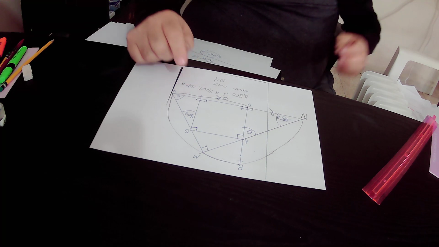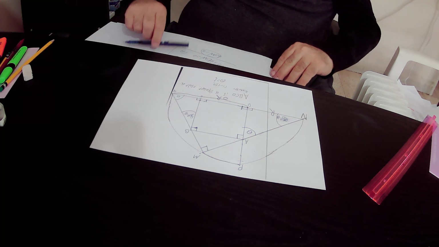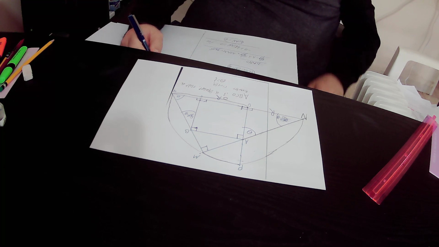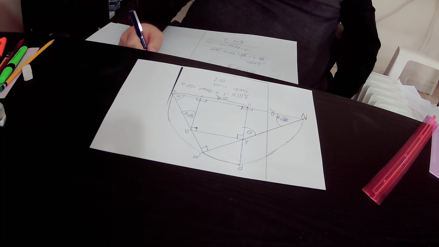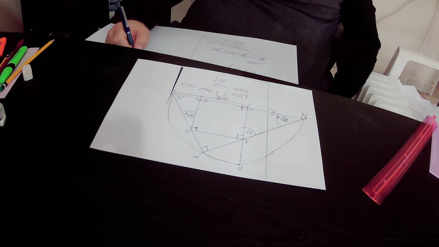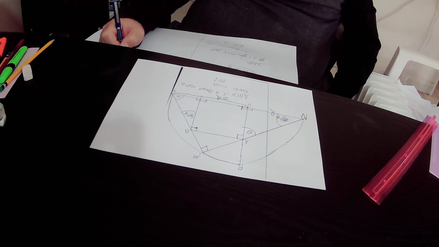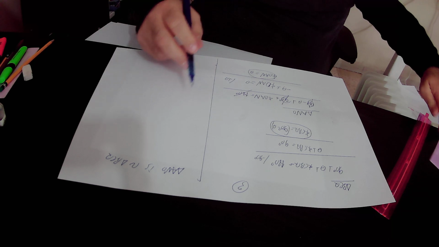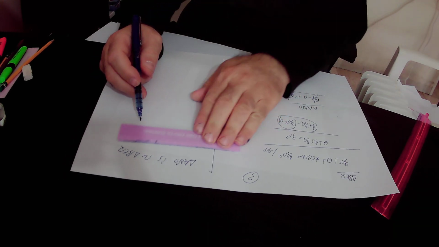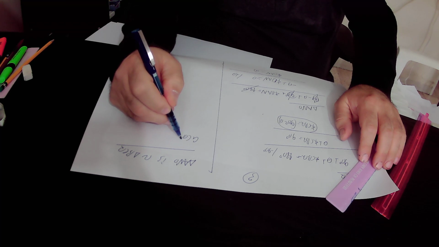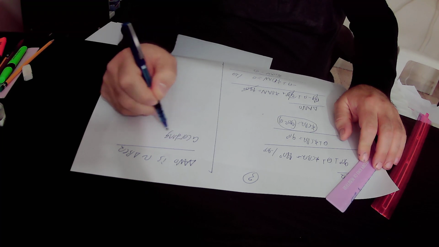Therefore, we can conclude that triangle ANO is similar to triangle BCQ. Repeat again. Triangle ANO is similar to triangle BCQ according to the angle similarity rule.